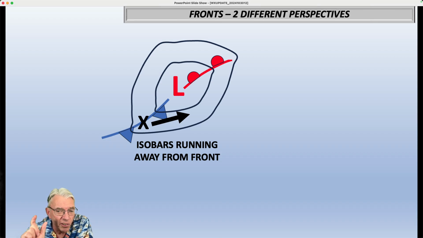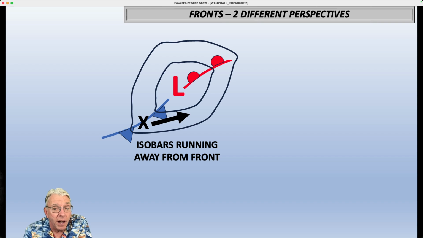Now, there's still convergence going on right at the front, and the reason that's important is when air comes together, it can't go down because you've got the earth there, so it has to go up, and if moisture is sufficient, that rising motion produces cooling, you get cloud formation, raindrop formation, snowflake formation, whatever, and you go from there. But from a moisture transport standpoint, the winds are either blowing parallel to the front or actually a little bit away from the front, okay?